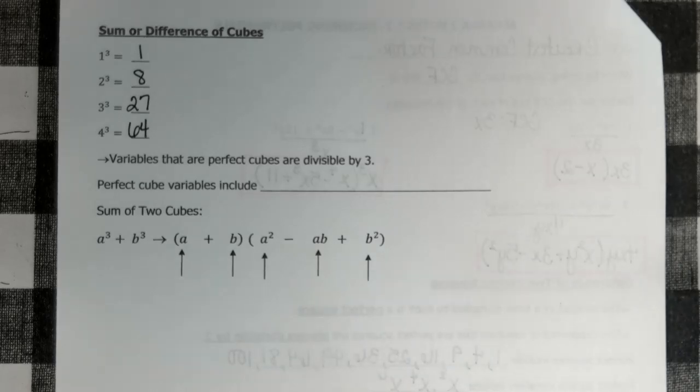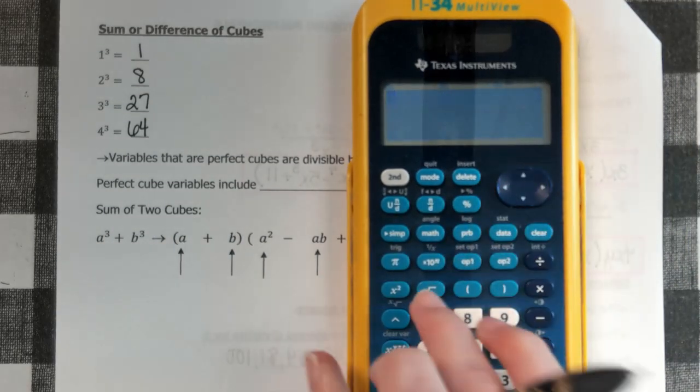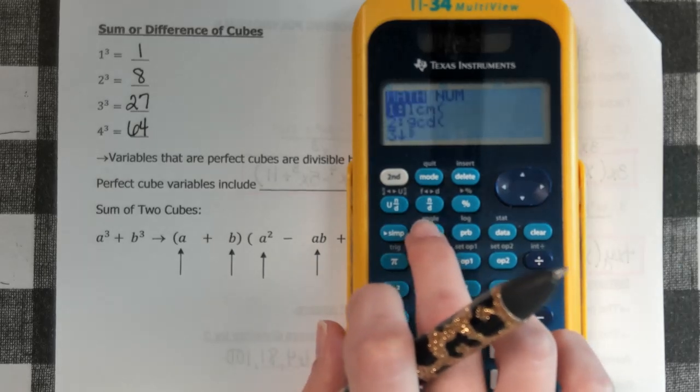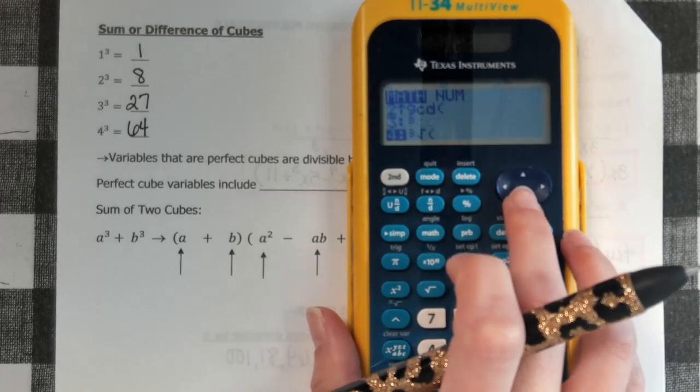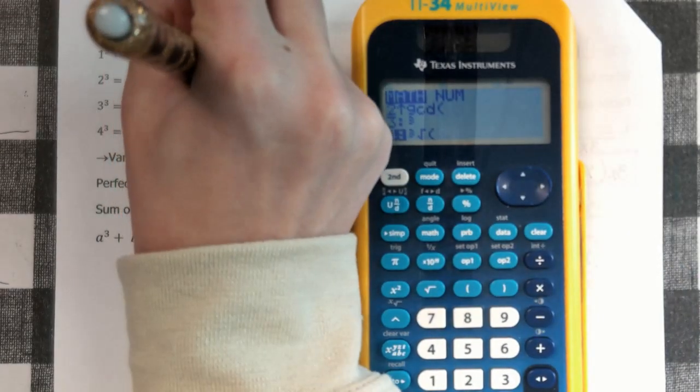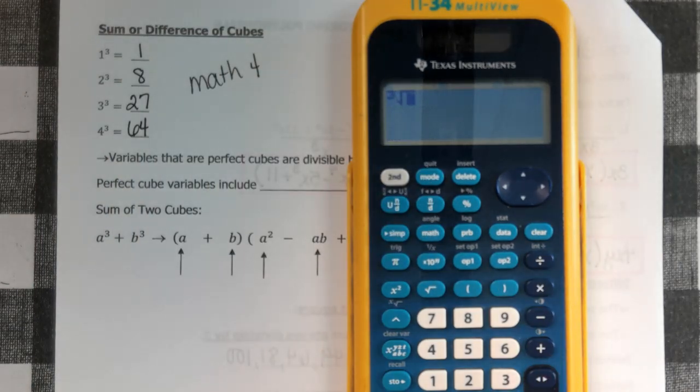But in your calculator, if you choose the math button and then go down to option 4, so math 4, that will allow you to check if a number is a perfect cube or not. If you type in a number, say 216, and you get a whole number, that means it's a perfect cube.